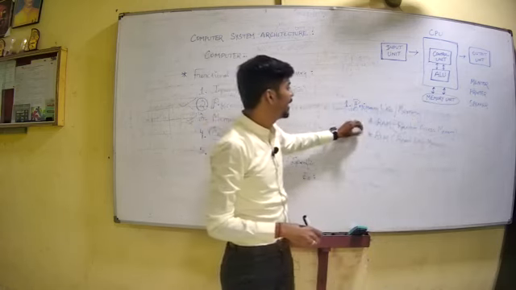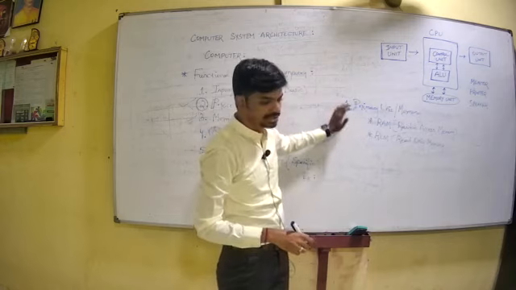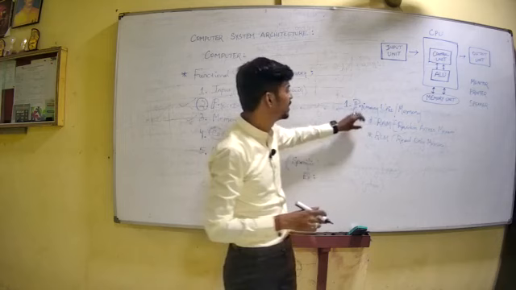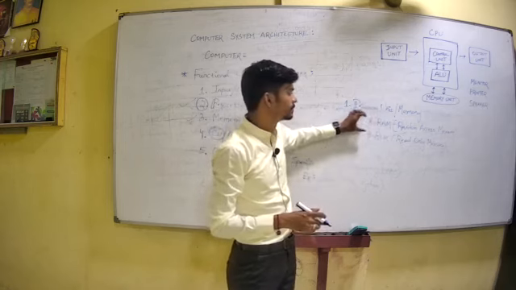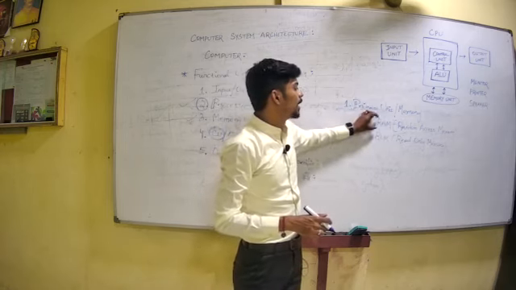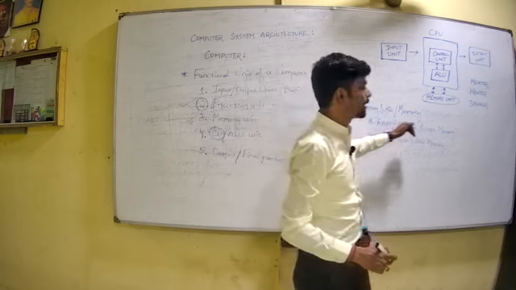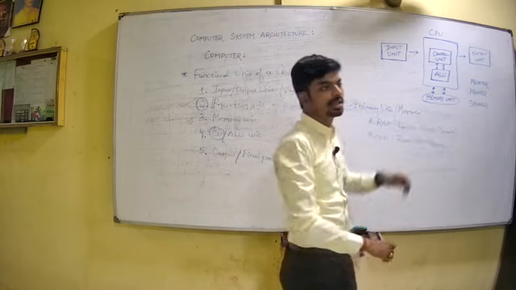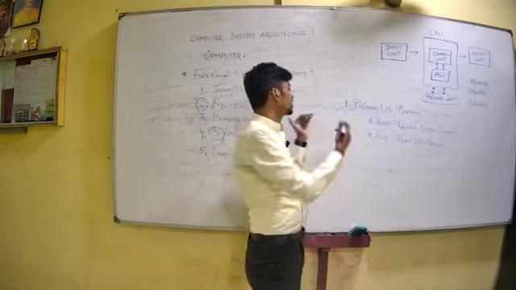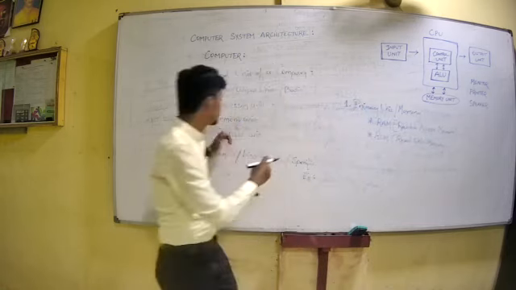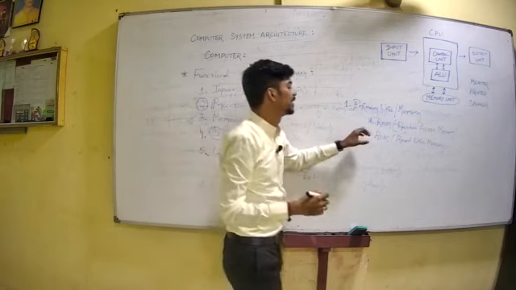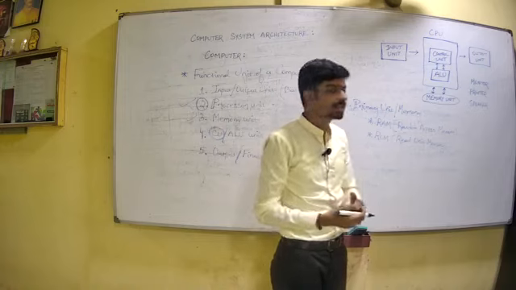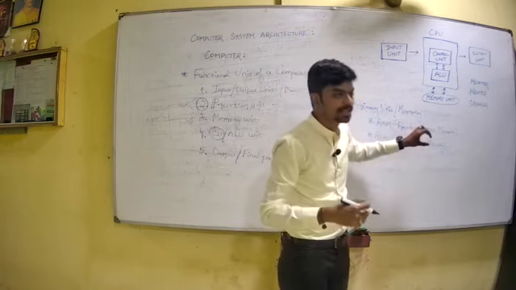Now, the main memory which runs from the booting time to the shutdown time is the RAM. As the name indicates, random access memory. In the random access memory, the processor and other control unit always get access to the data or instruction stored in the RAM.